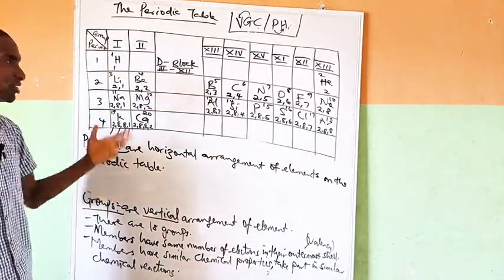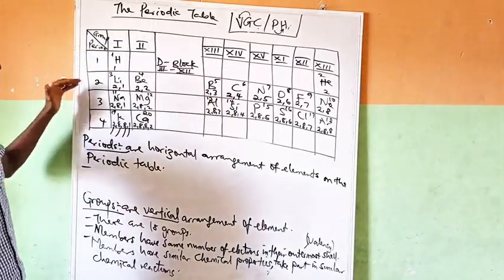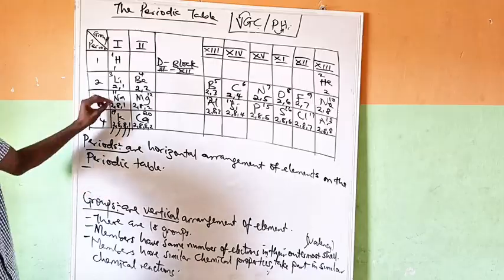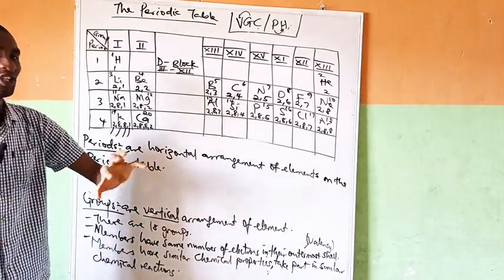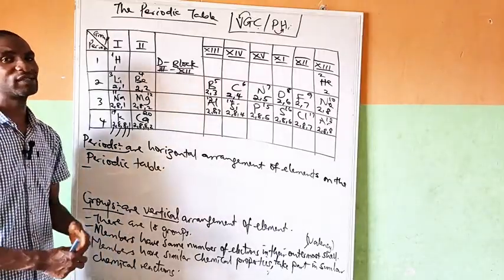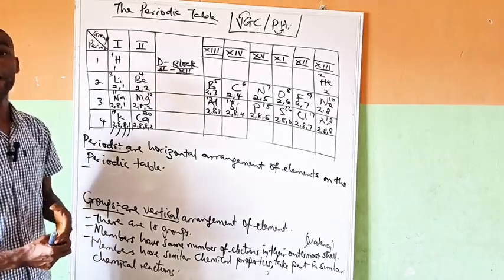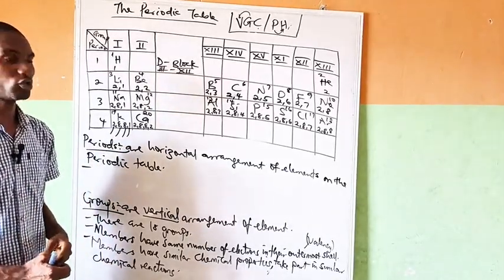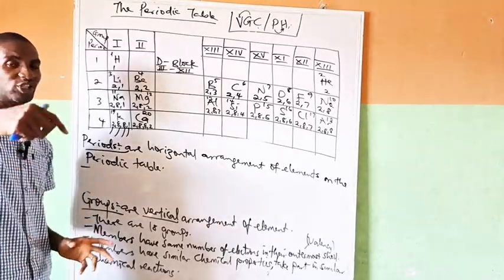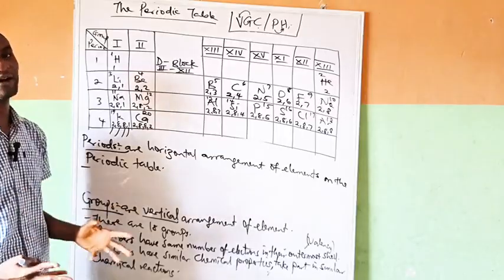So what have the rooms got to do with chemistry? Members of the same period have the same number of electronic shells. Electronic shells means the shells where electrons are found.